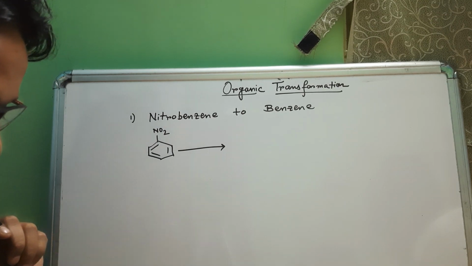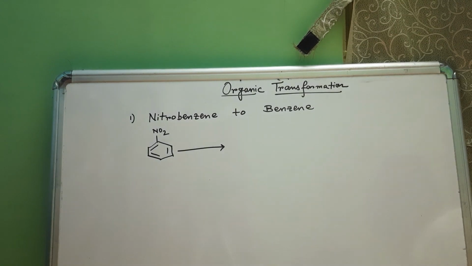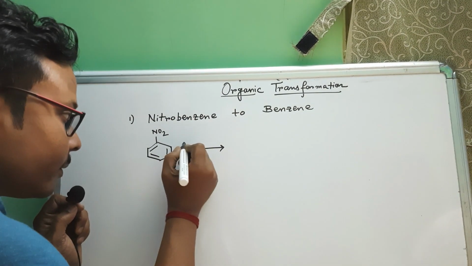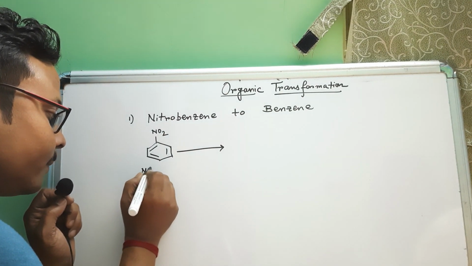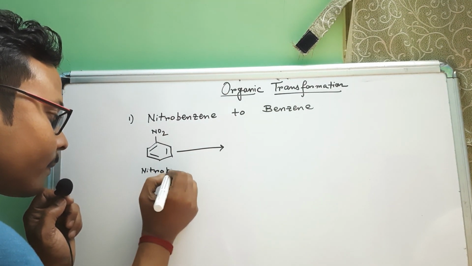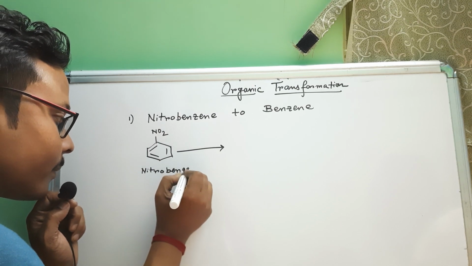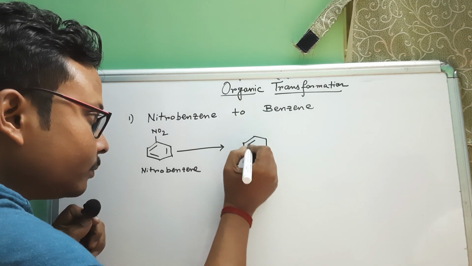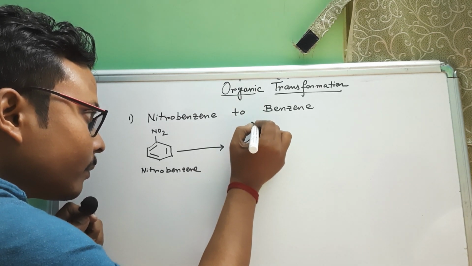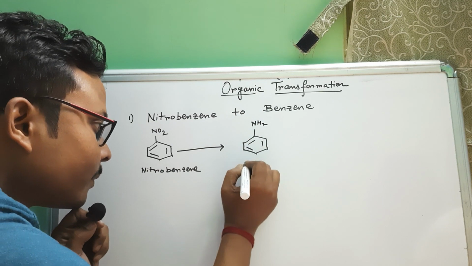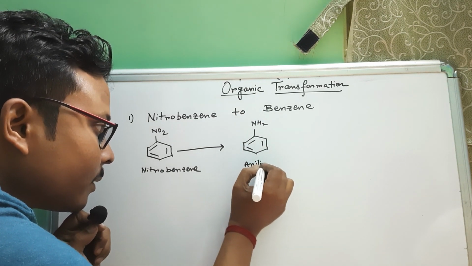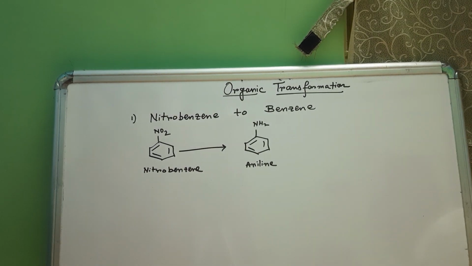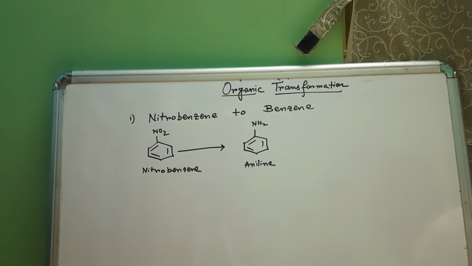At first, you must convert this nitrobenzene to NH2, aniline, because once you form aniline from nitrobenzene, then it will be very easy to diazotize the aniline.